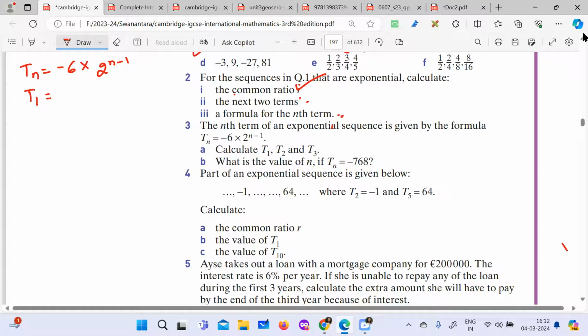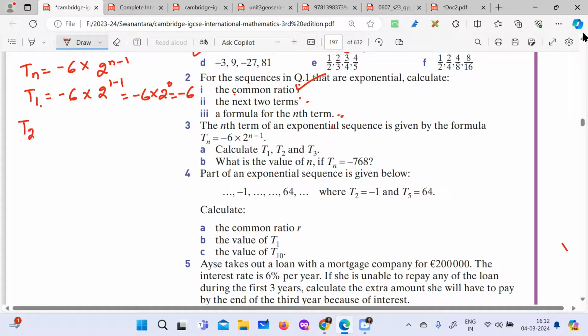So T1 will be minus 6 times 2 to the power of 1 minus 1, because n is 1. This will become 2 to the power of 0, which means 1, and hence you get the first term as minus 6. Is this clear to you? Yeah, miss.